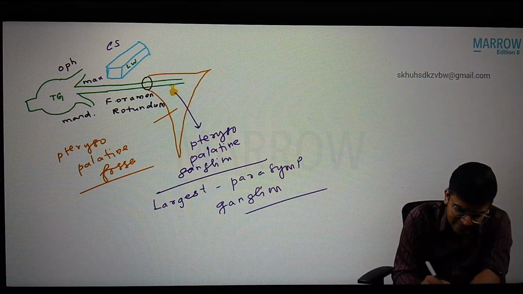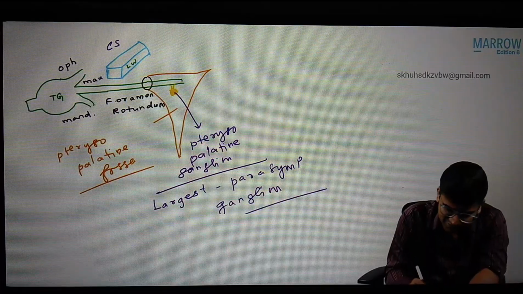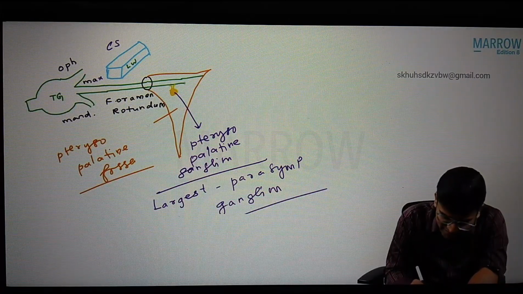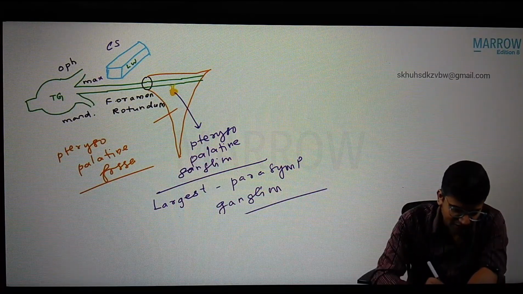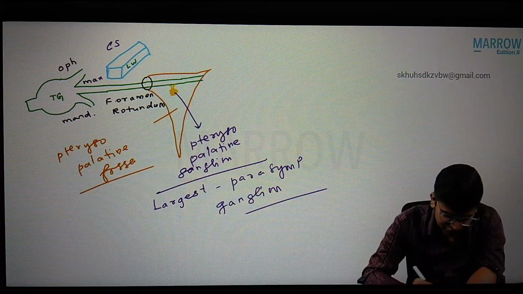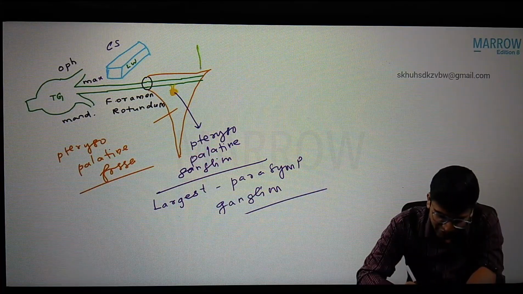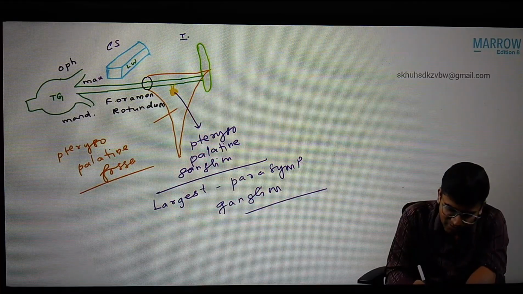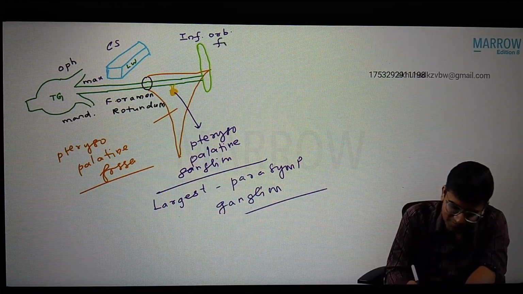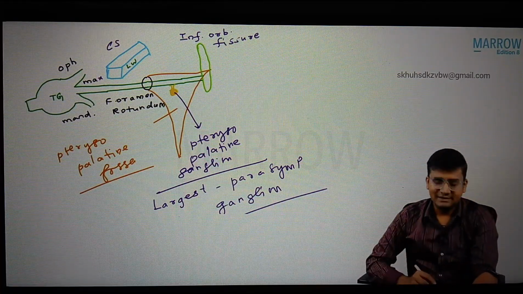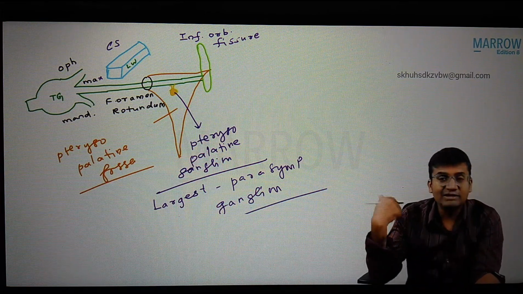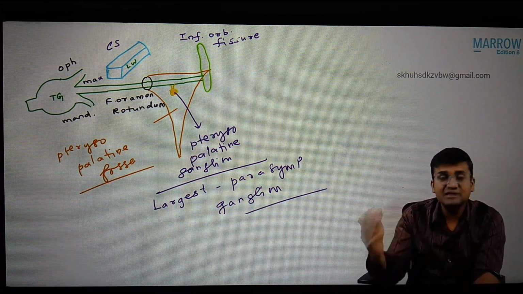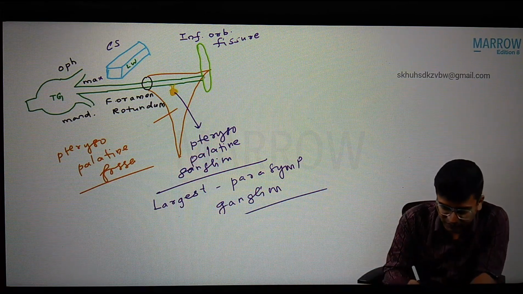Right. Then the maxillary nerve, after passing in the pterygopalatine fossa, passes through the inferior orbital fissure like this. That is our inferior orbital fissure. So the maxillary nerve leaves the pterygopalatine fossa and enters the orbit via the inferior orbital fissure.